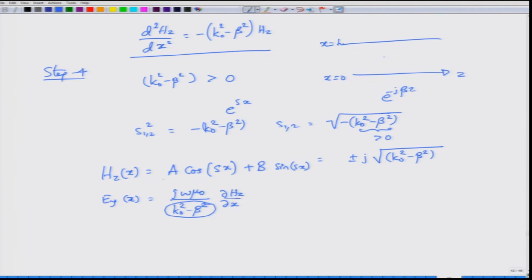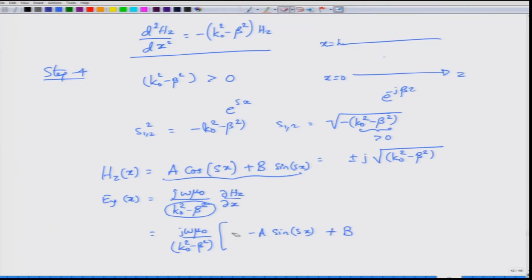Writing del Hz by del x by substituting from the top equation, what you get is j omega mu naught by k0 square minus beta square as it is. Differentiating Hz will pull s out, so you have minus a sin of sx plus b cosine of sx, with s as a common factor.